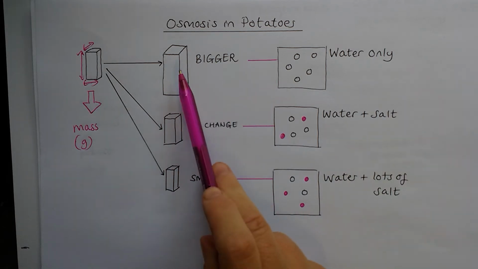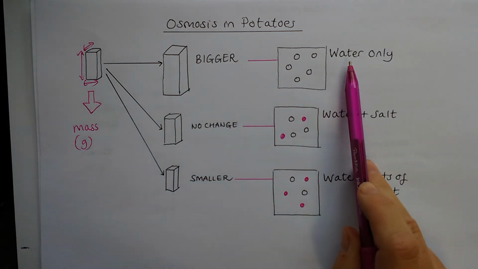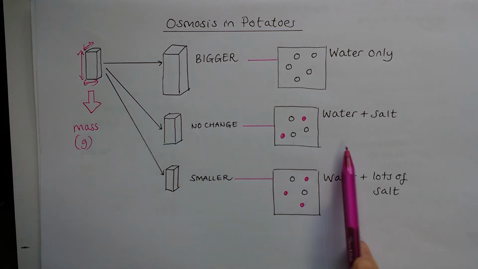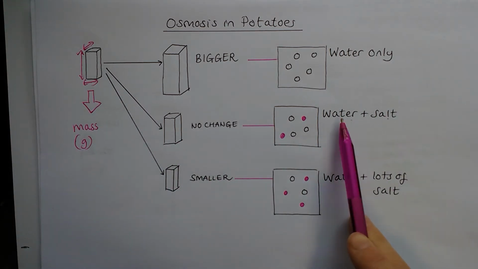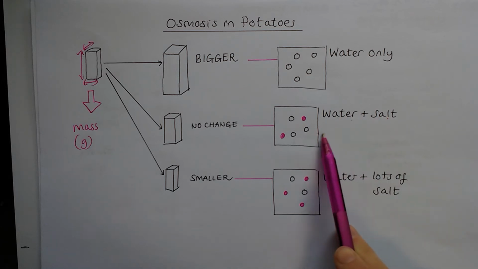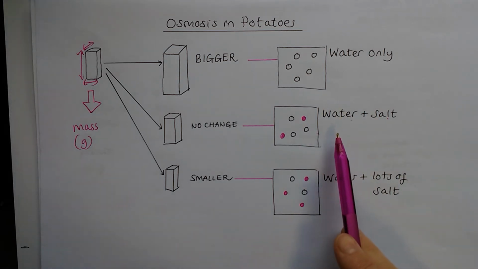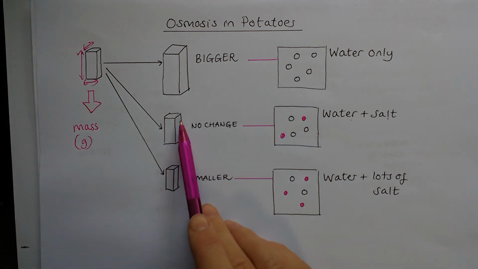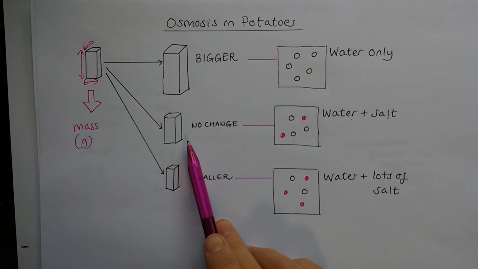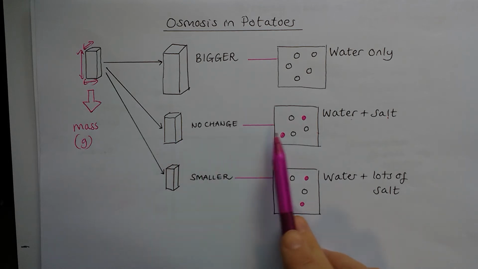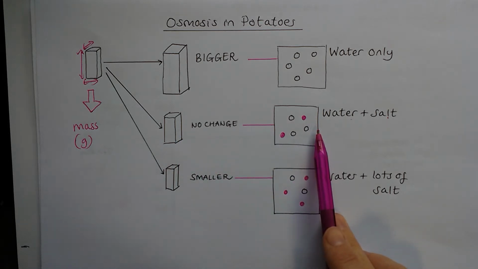And the ones that get bigger are generally the ones that you put into only water or a very, very weak solution of, say, salt or sugar. The ones that have no change, there'll be a very specific concentration of salt or sugar in water, and this will be the point at which the salts inside the cells of the potato are at the same concentration as the salts in which they were put.